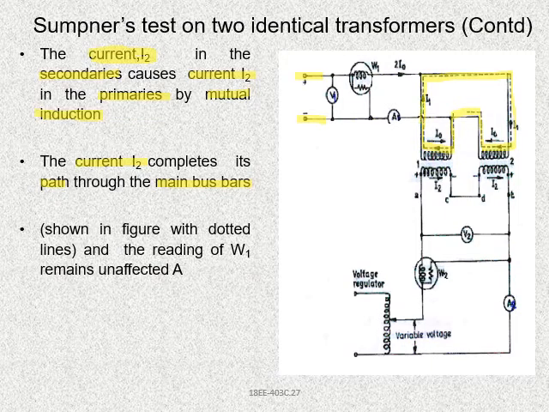Are you able to see this? Dotted lines. The readings of W1 remain unaffected.